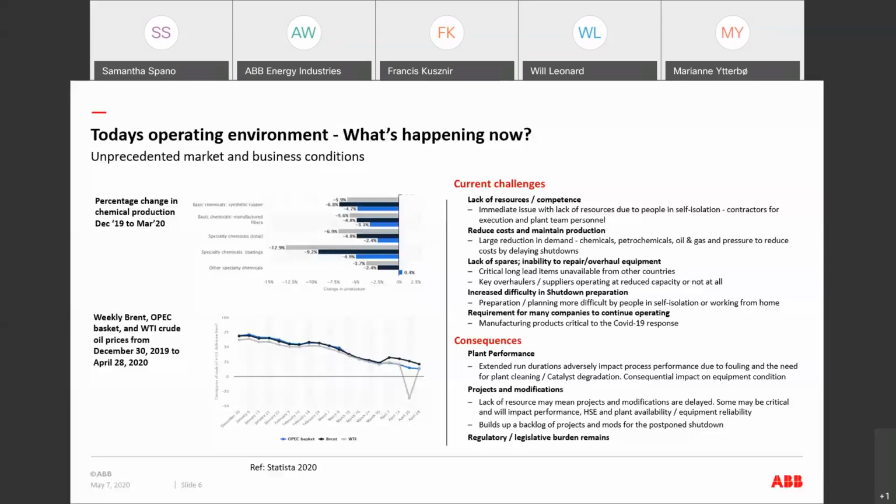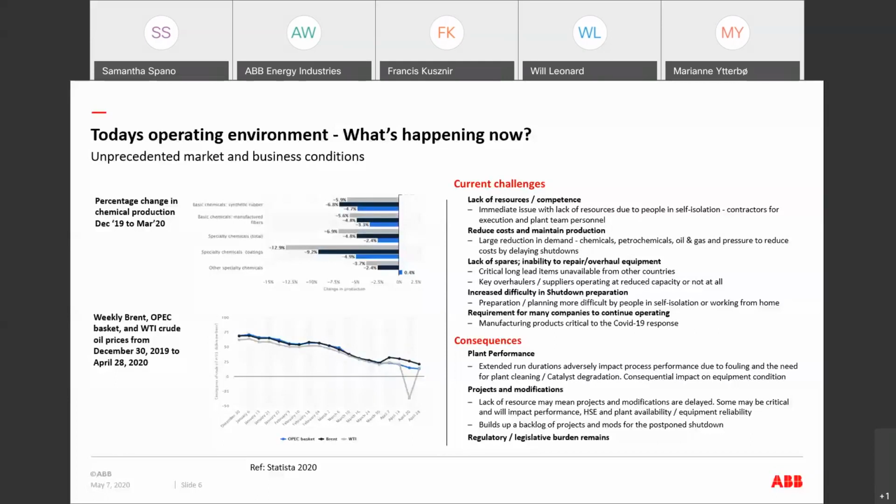So for projects or equipment overhauls, that makes it very different right now. And critical long lead items are also becoming unavailable from other countries. Plans may have already been disrupted, and it's time really now to replan in a lot of situations.